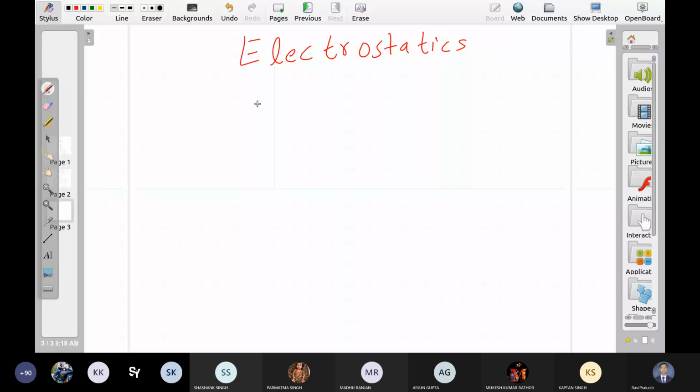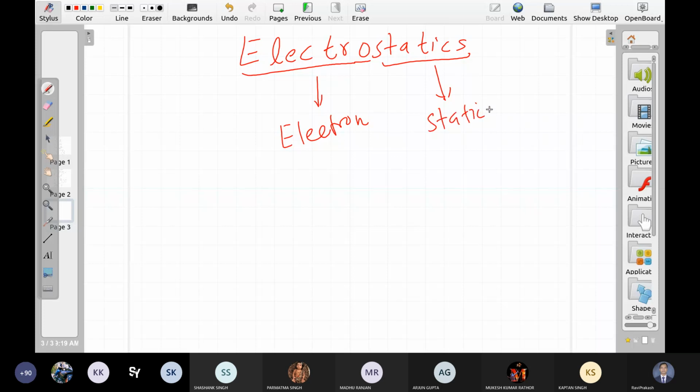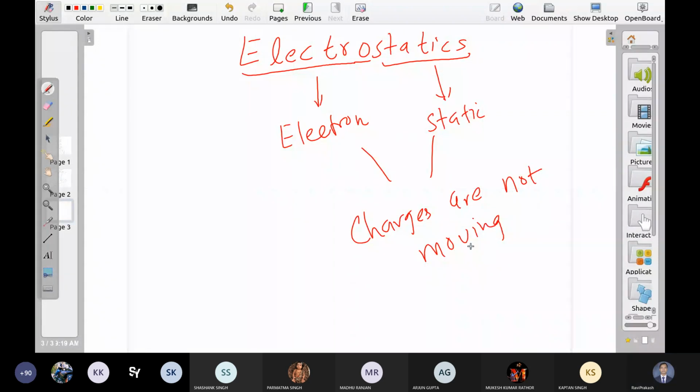Statics. Or in more detail, electrostatics is all about when charges are fixed at their position, they are not moving.